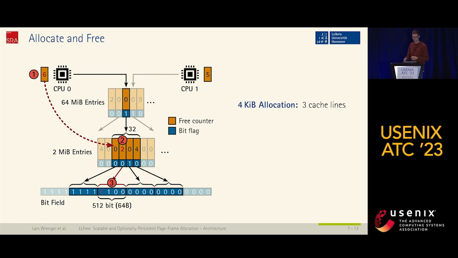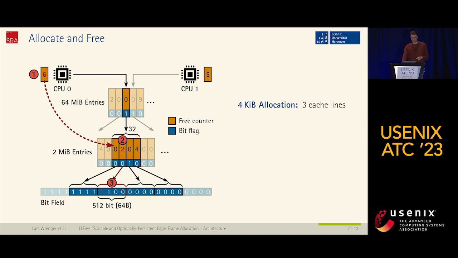But if not, we can directly continue with the 2 MB entries. And there we also search for an entry with a counter greater than 0. We decrement it, and then we search the corresponding bit field for a 0 bit and toggle it. So in general, for the majority of cases, an allocation only accesses 3 cache lines.